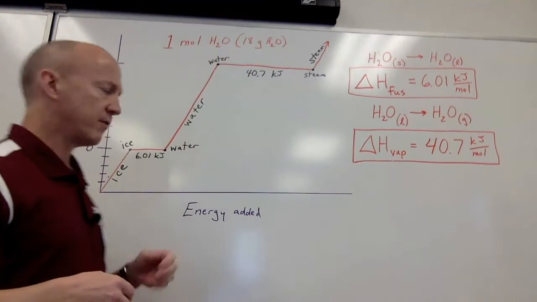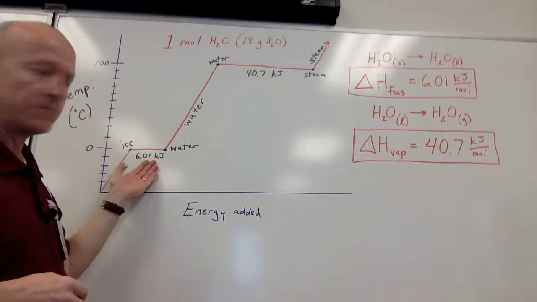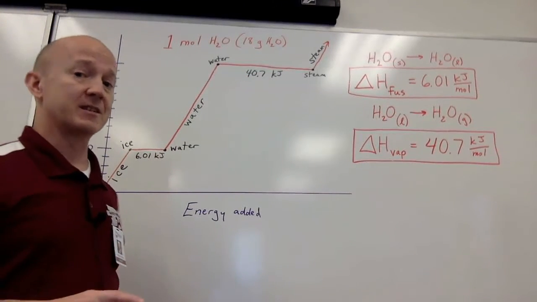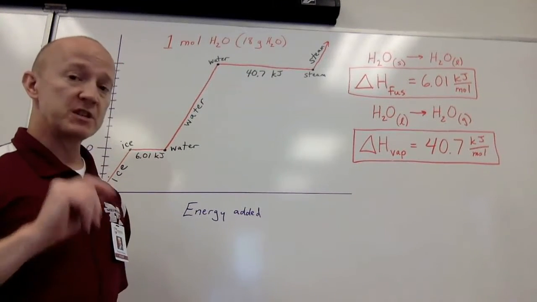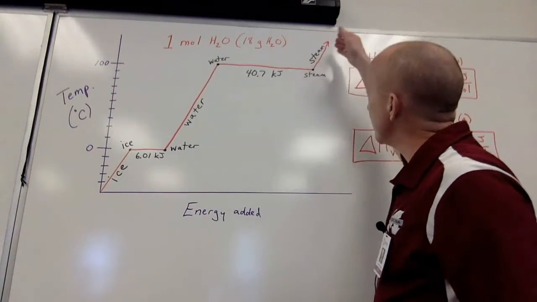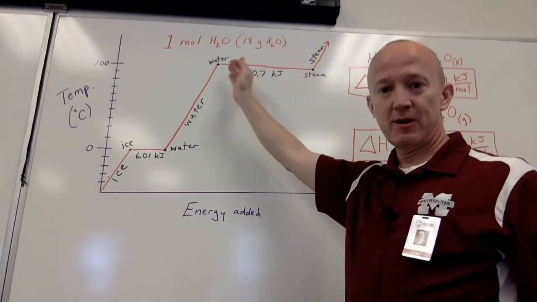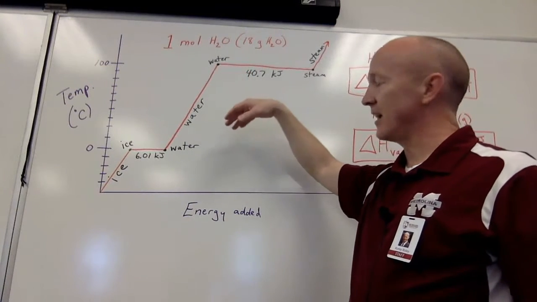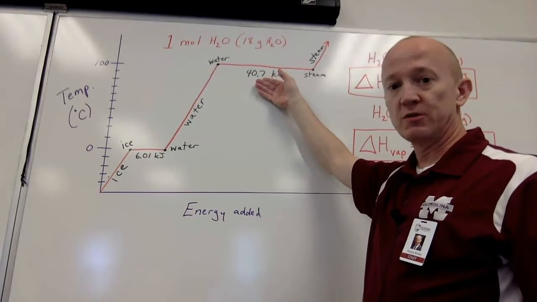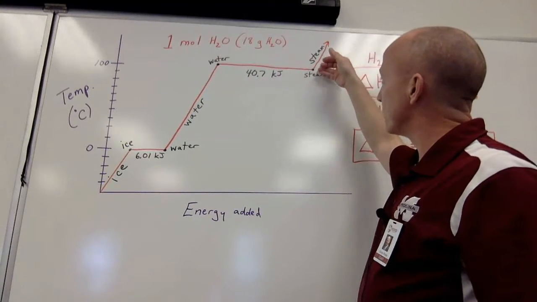So we have heat of fusion here, heat of vaporization here. But listen, those numbers also go for the conversion of steam to water. In this case, they would lose 40.7 kilojoules of energy converting from steam to water.